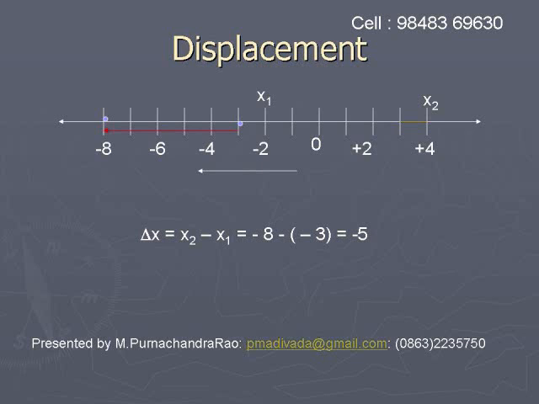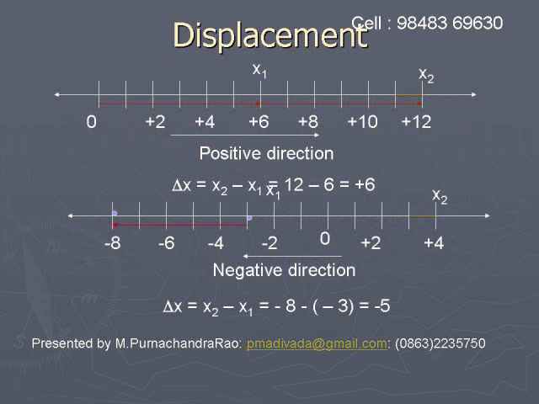So its displacement is in the negative direction. Like this, we can determine the displacement of a body. So whenever we talk about positions and displacements, we have to imagine a figure like this.